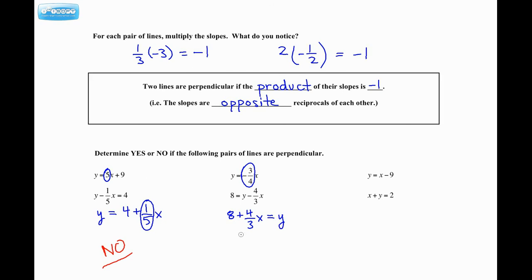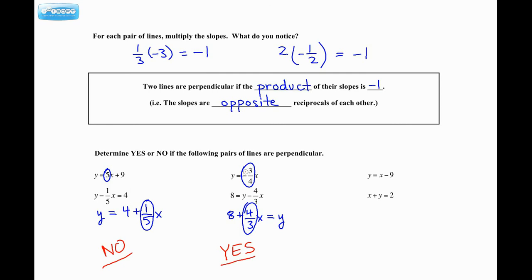Now we can see the slope of this line is 4/3. So check. They are reciprocals of each other, and their signs are opposite. So yes, if you were to graph these lines, they would be perpendicular, but we can tell without graphing that they are. You can also verify this.